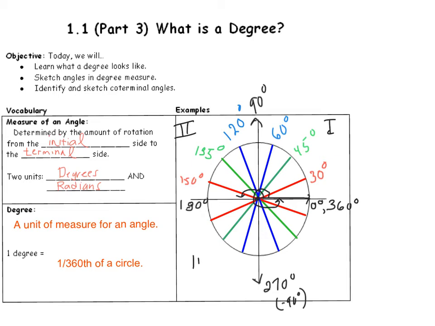On to quadrant 3. So we did 180. We can go 30 past that. 30 and 180 gives me 210. We could add 15 onto that. That gets us our 225. We could also come back 30 from 270 and get 240.